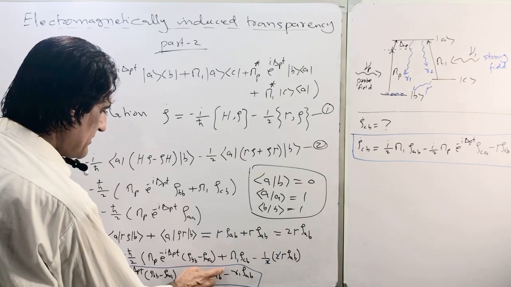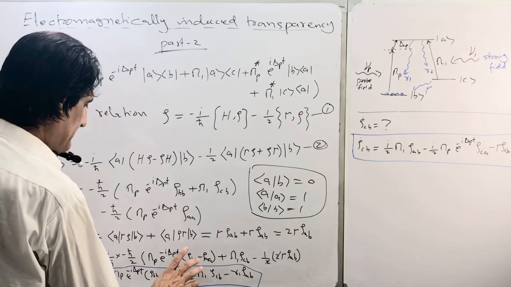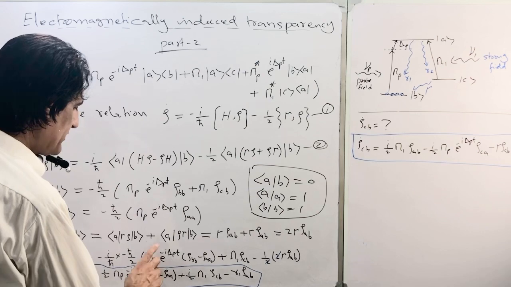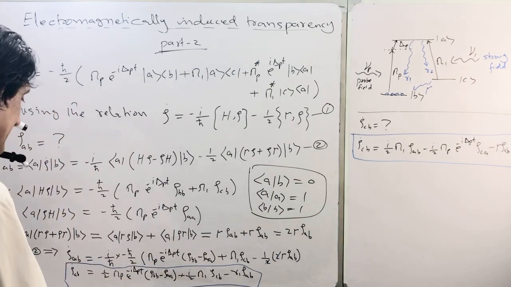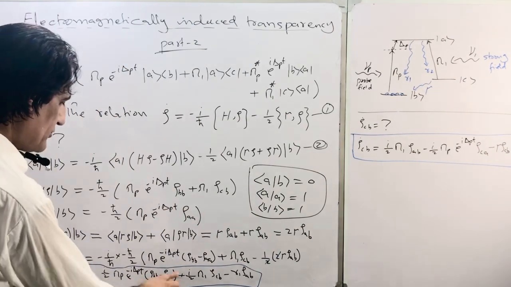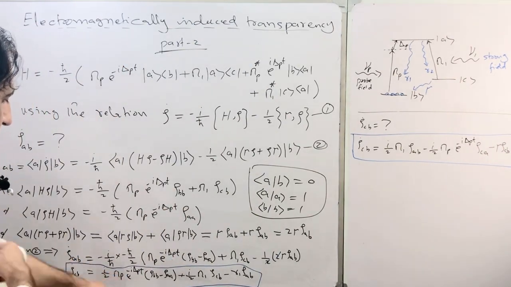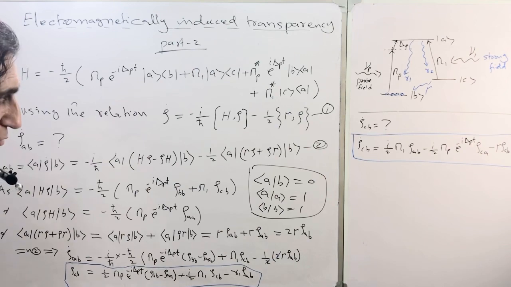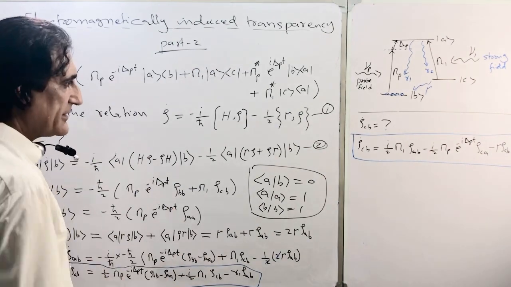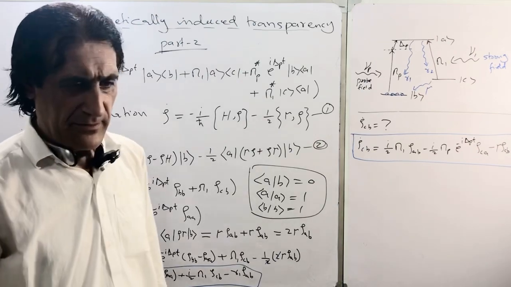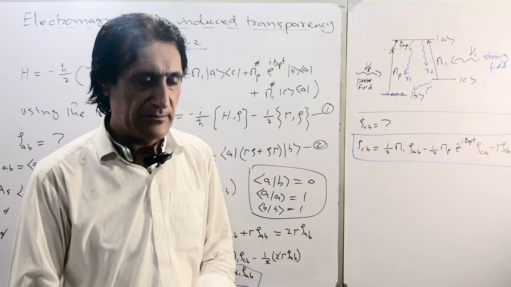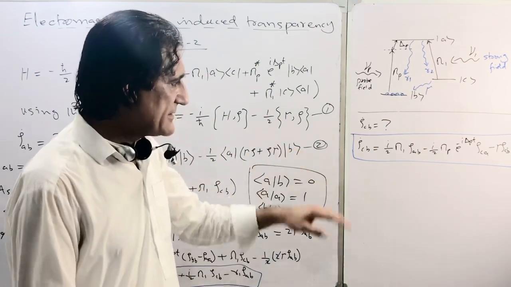So this rho CB we need, and rho BB and rho AA we also need for this equation. But if we apply the perturbation theory next, then rho BB and rho AA will go to 0 and 1. So we don't need to find the other equation. But for your practice, you can find out all these equations.